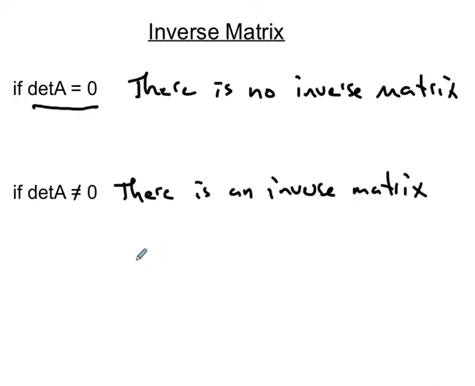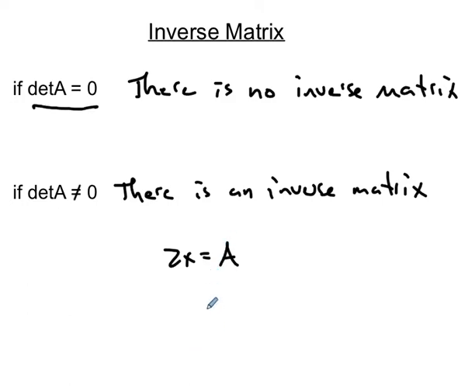So let's say, for example, I have 2x is equal to matrix A, right? Actually, we cannot divide matrices, interestingly enough.